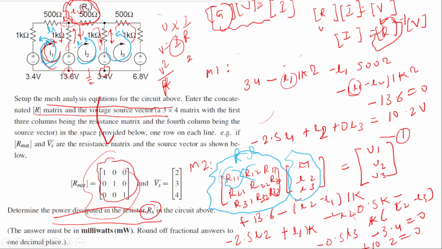Or you can take a mix, like I1 in this direction, I2 in this direction, and I3 in this direction. Any combination you can take, but the final answer won't matter. Whatever the initial assumption you take, the final answer will remain the same.